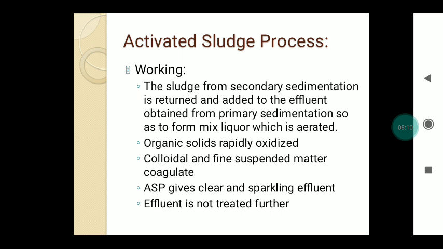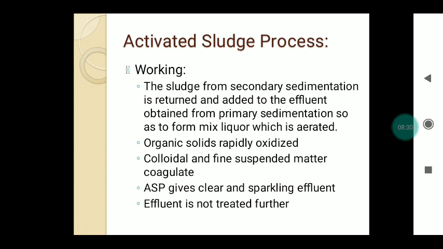The next point is the activated sludge process. The activated sludge process is a true biological process in which the sludge from the secondary sedimentation is returned and added to the effluent obtained from the primary sedimentation so as to form a mixed liquid which is aerated.